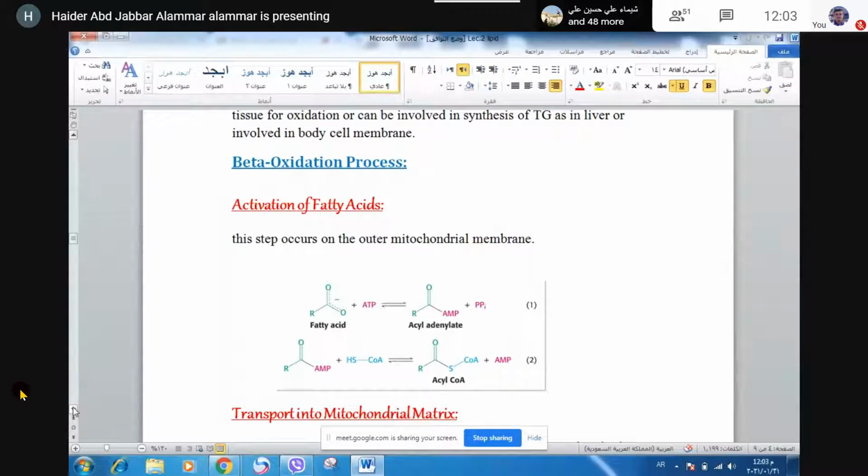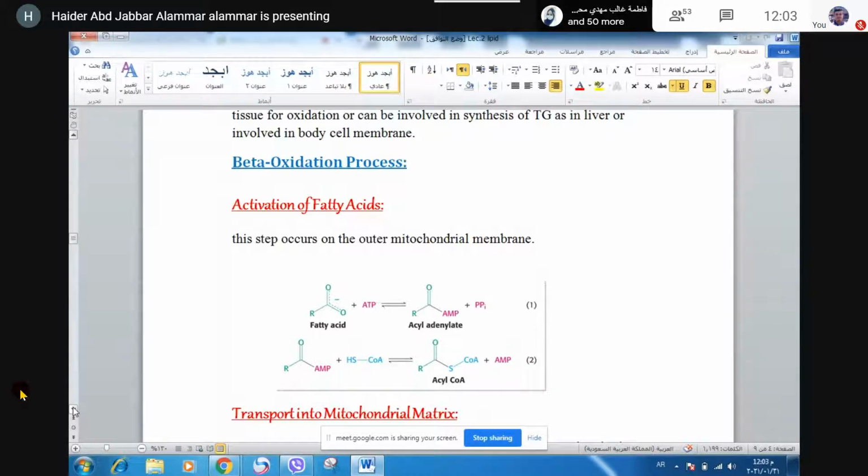And the site of occurrence of beta oxidation is inside the mitochondria. So we have to move the fatty acid from the cytoplasm to enter the mitochondrial matrix. By which mechanism can we do this? How can the fatty acid enter the mitochondria?